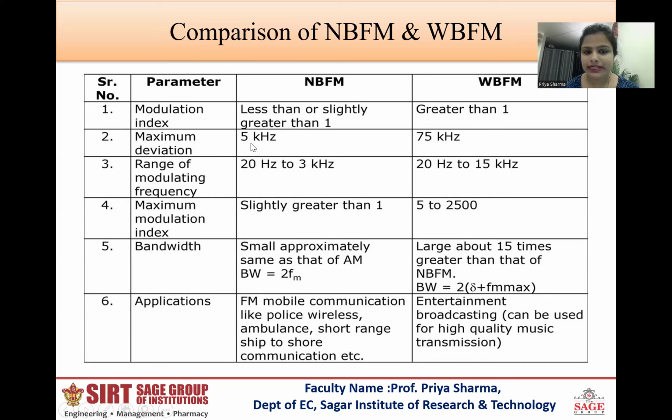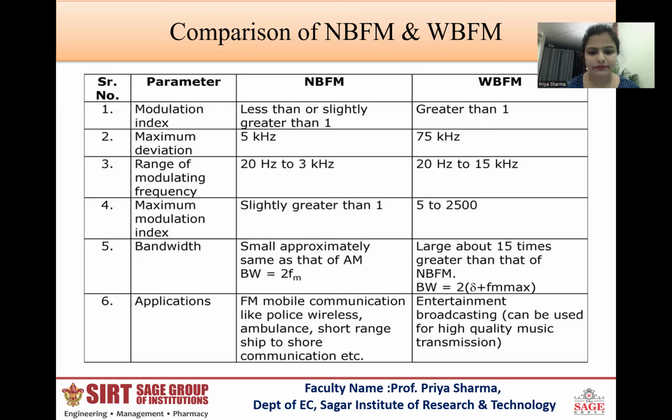So in NBFM it can deviate up to 5 kHz, but in WBFM it can deviate up to 75 kHz. The range of the modulating frequency is 20 Hz to 3 kHz in NBFM and 20 Hz to 15 kHz in WBFM. Maximum modulation index is slightly greater than 1 in NBFM and 5 to 2500 in WBFM.